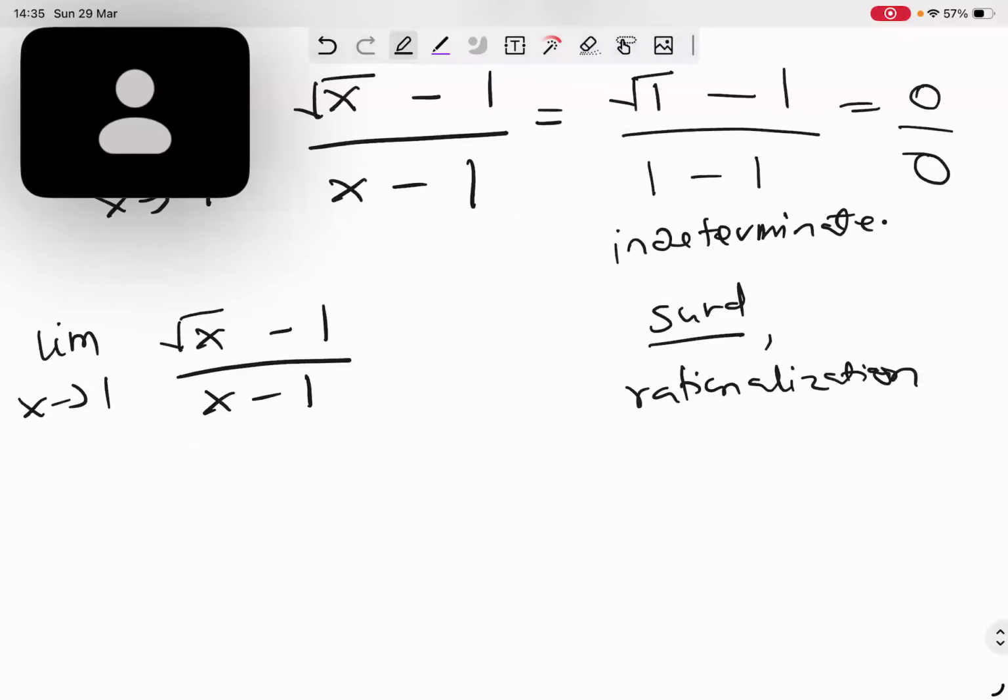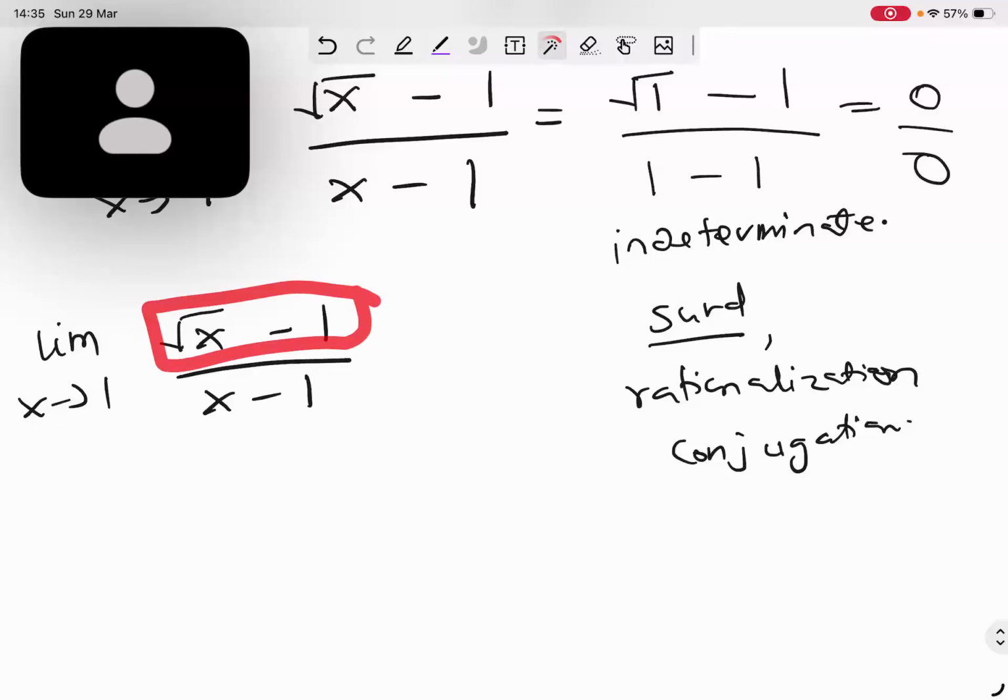The first step towards rationalization is known as conjugation, meaning pick the function and find its conjugate. Conjugate means rewrite the entire function, but change the operator between the terms. If the operator between them is a subtraction, its conjugate will be the same expression with the subtraction changed into addition.